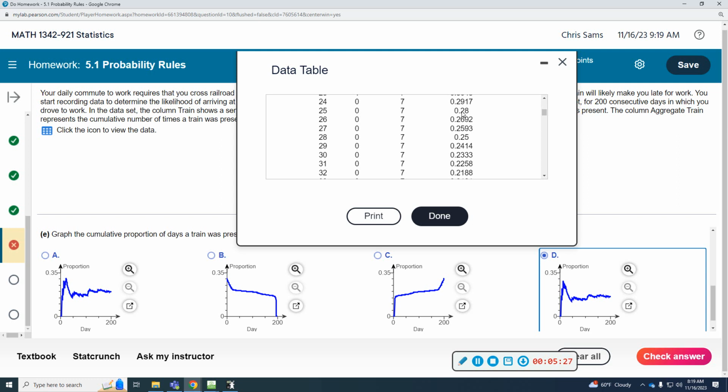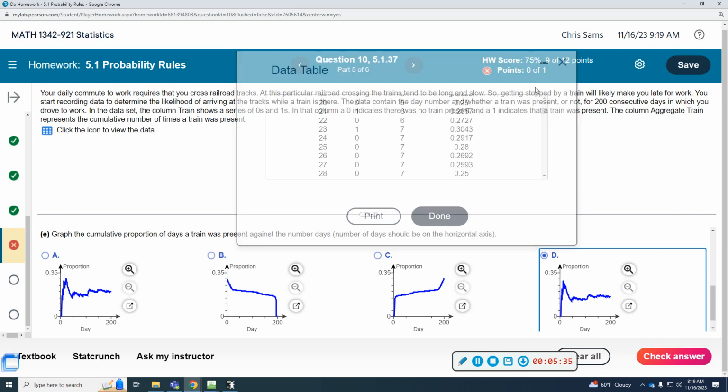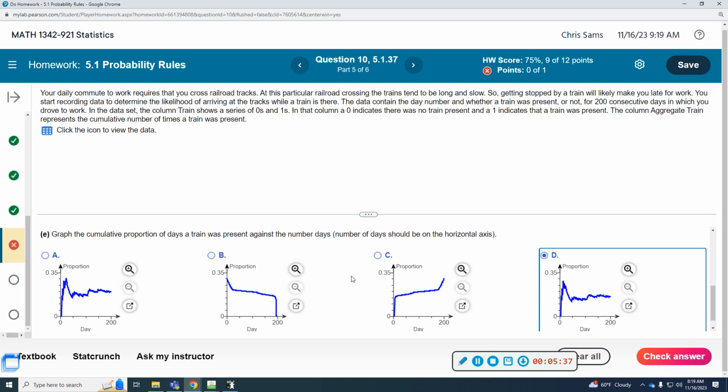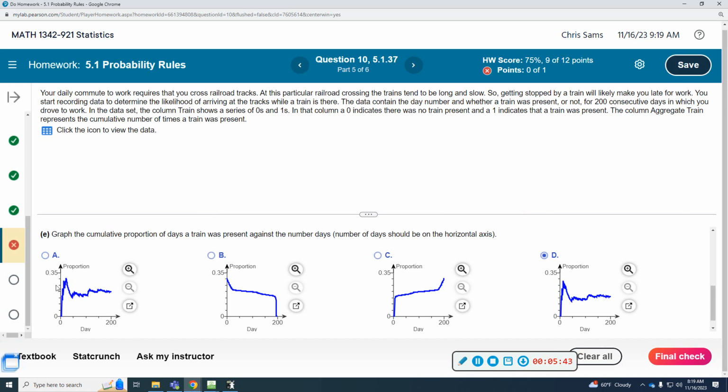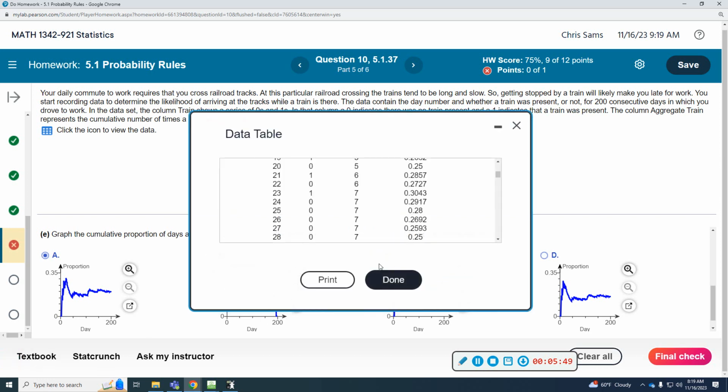We got a 28, we got a 29, we got a 30. So it looks like 30 may be the highest. So D looks to be the best, roughly, having a high of 30. So I'm going to go with D. I don't like it. So A, again, is going to be my next best. I didn't see anything go over 30. Could probably copy that in Excel and sort it to get a better look.